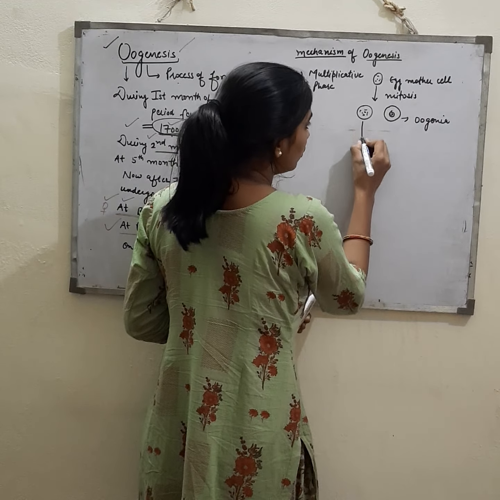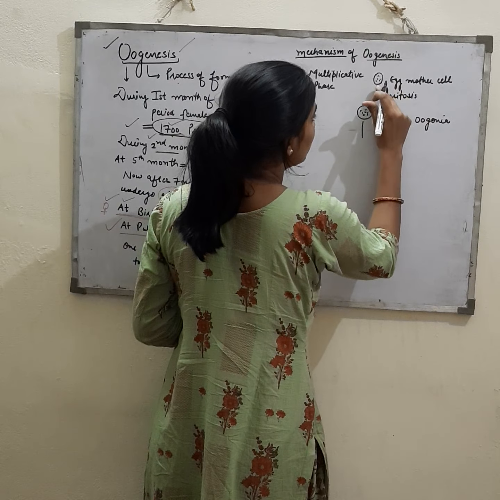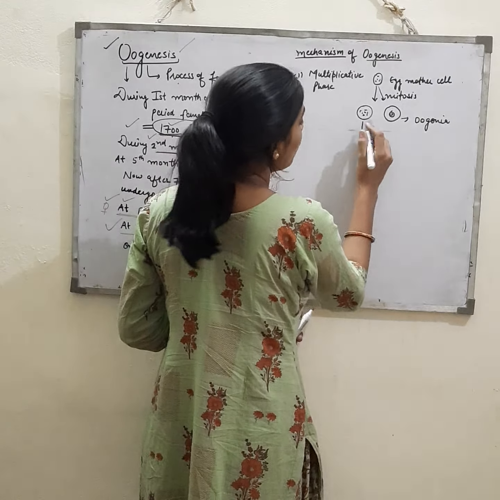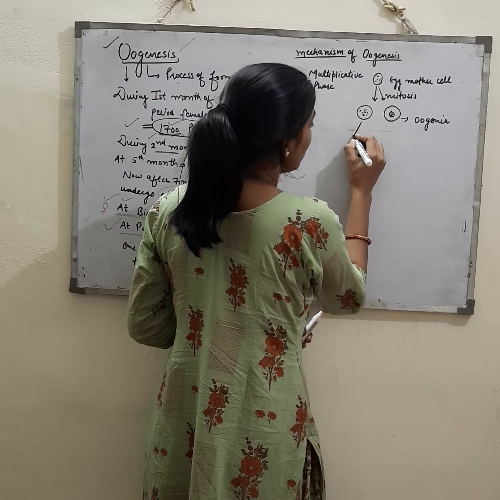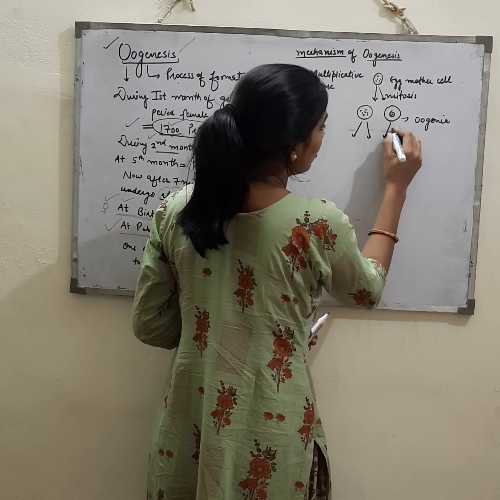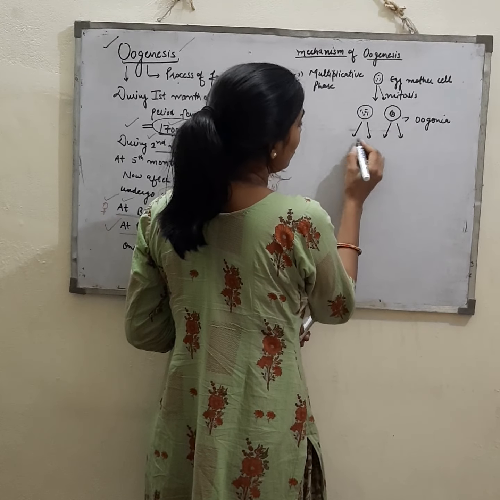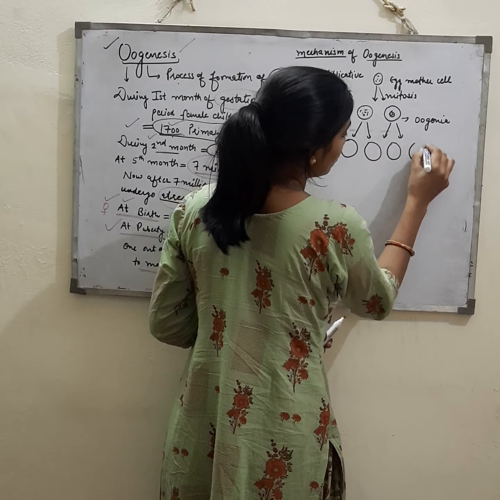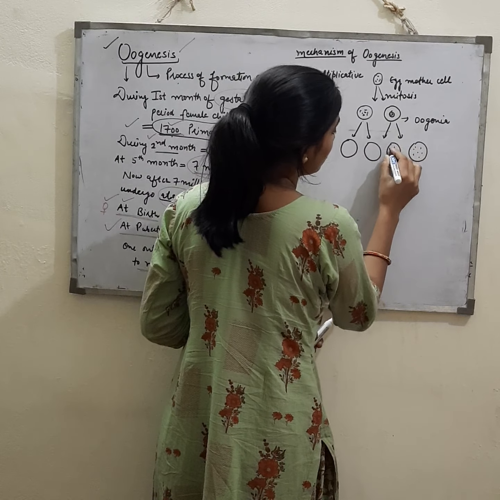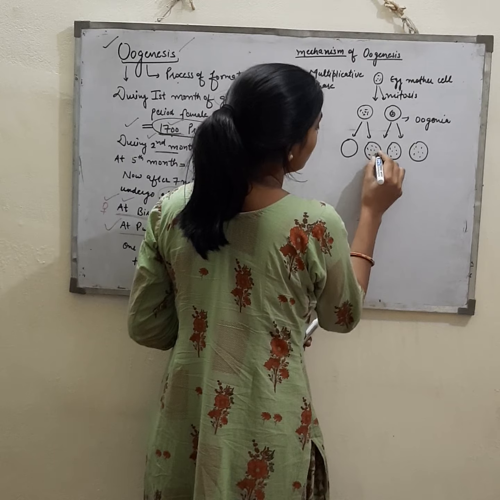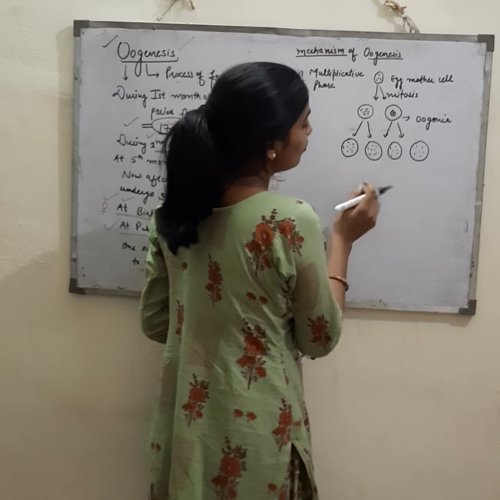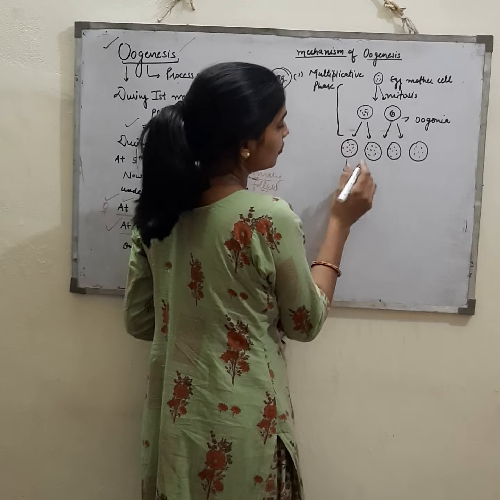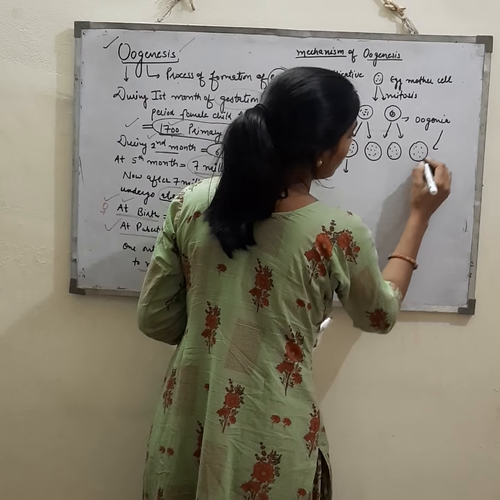This is the multiplicative phase. Now this oogonia again undergo mitosis. This is the multiplicative phase. By this, these are the oogonia.